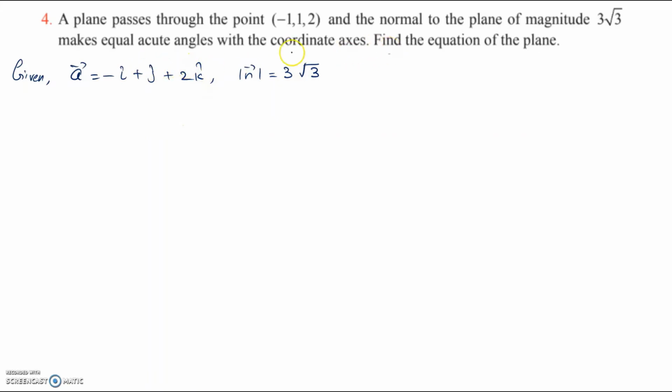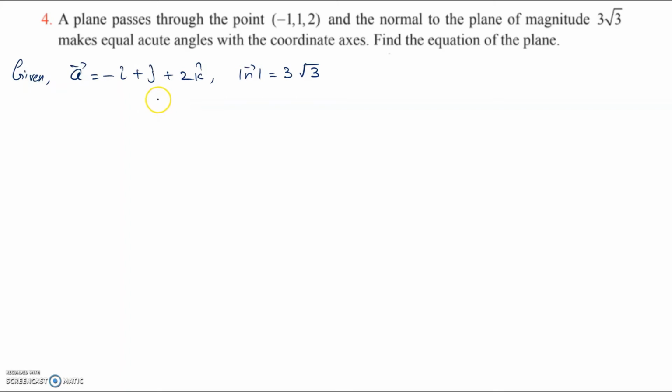Now it's given that the normal to the plane makes equal acute angles with the coordinate axes, which means the angles that this normal makes with the x, y and z axes are all equal. So our angles will be alpha equal to beta equal to gamma.